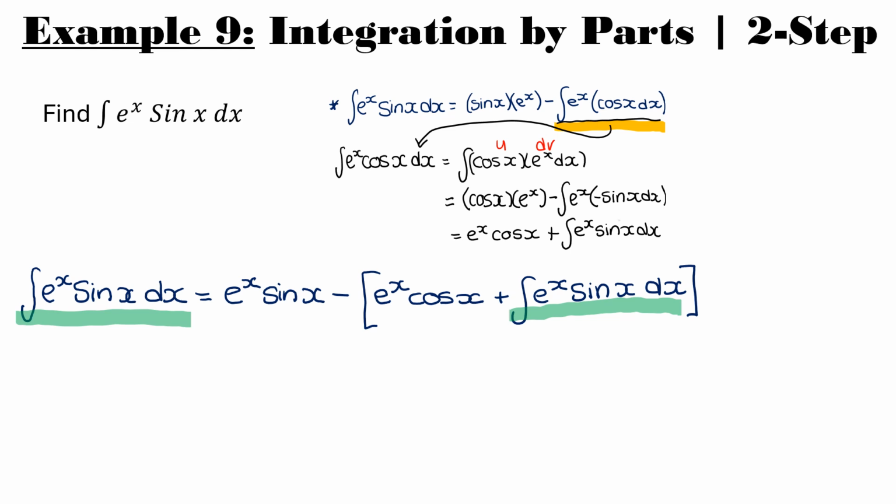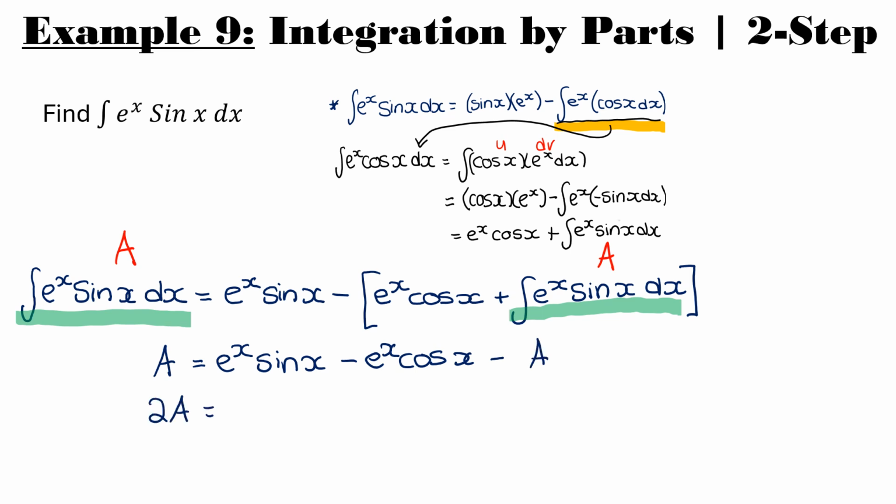Now, to make life a little bit easier, we're going to let that whole thing that we want equal something that's a bit easier to manage. So I'm going to call that just capital A. You can use any letter or you can leave it as is. So what we effectively have here is A equals e to the power of x sine x minus e to the power of x cos x minus A. I'm going to bring my A's together and I get 2A equals e to the power of x sine x minus e to the power of x cos x.